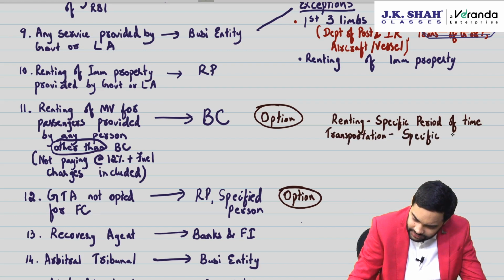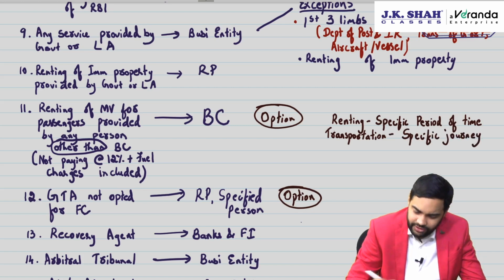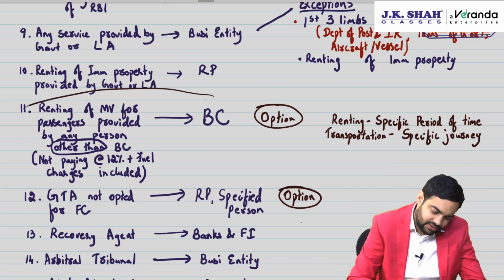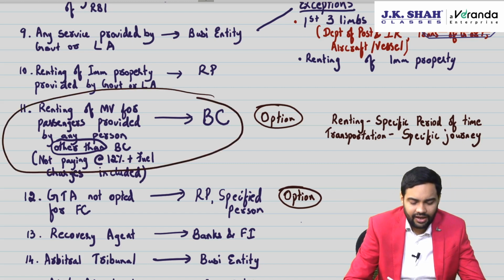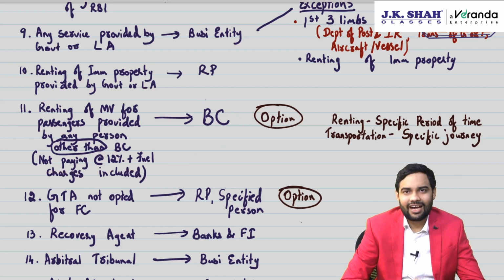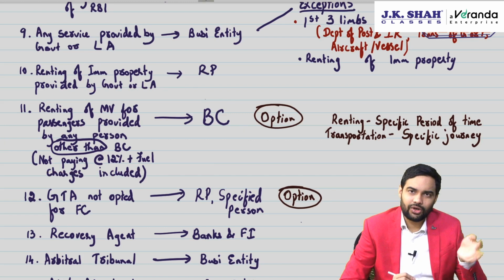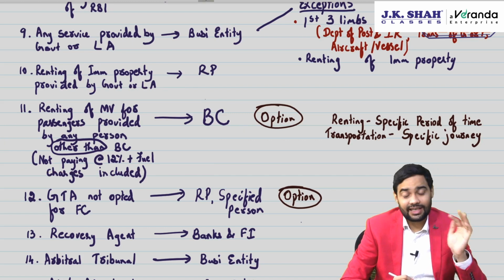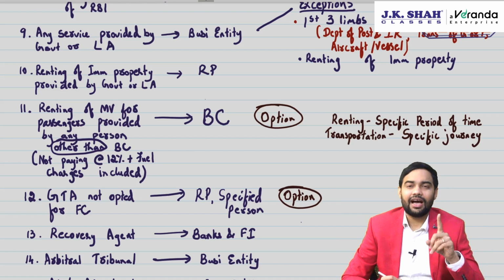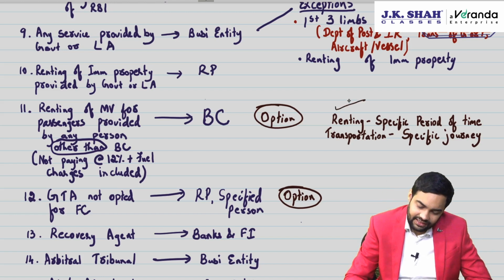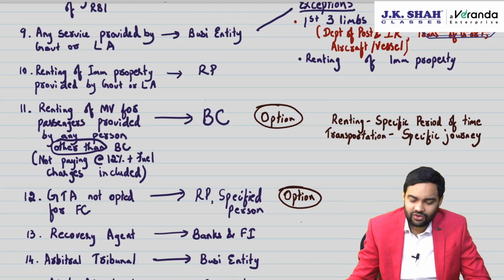Now say suppose I tell you that I need to go from point A to point B, then it is transportation, and transportation is not covered by RCM. Specific journey from point A to point B, from point B to point C, that is not covered by RCM. What is covered by RCM is renting. Renting is where I have the control of the vehicle.